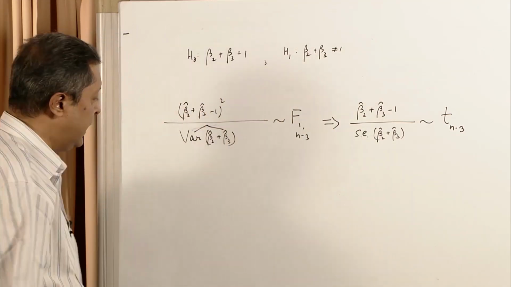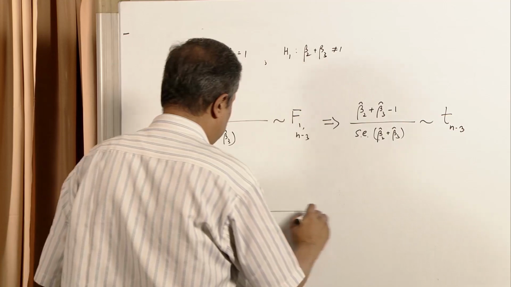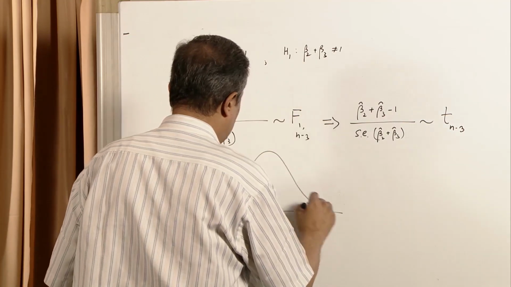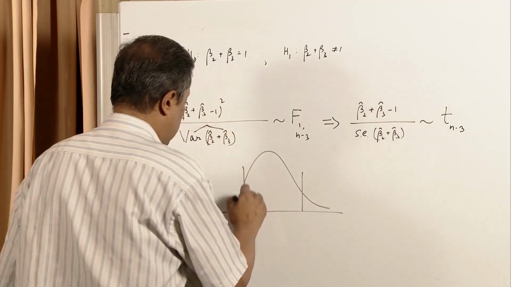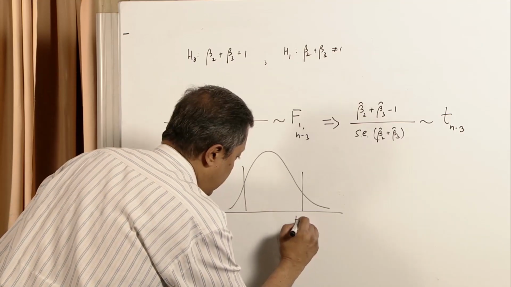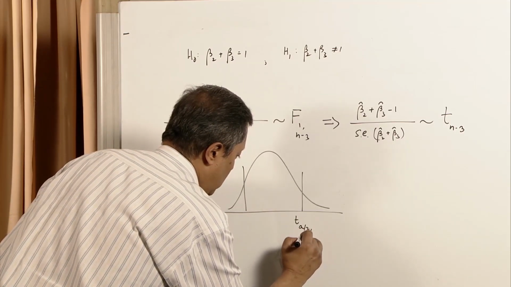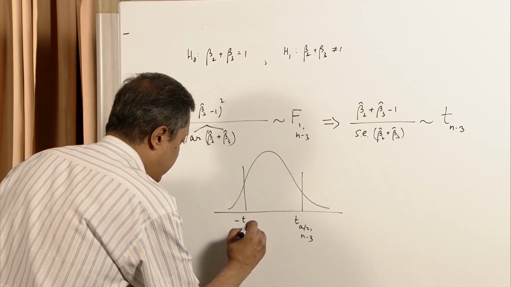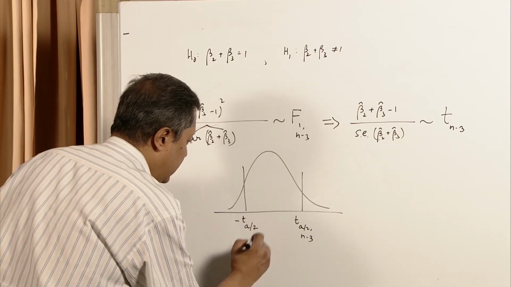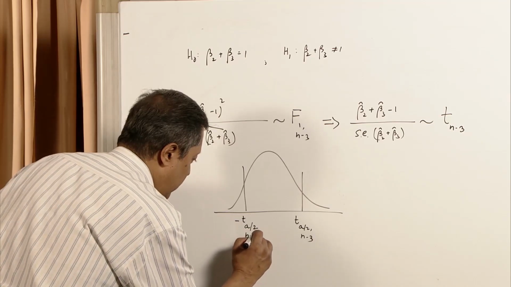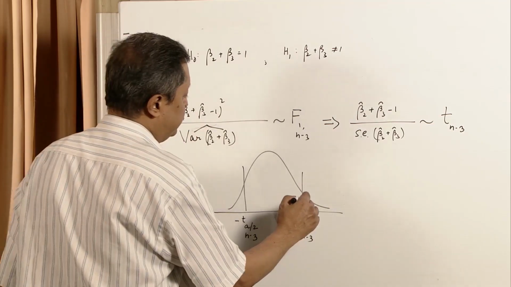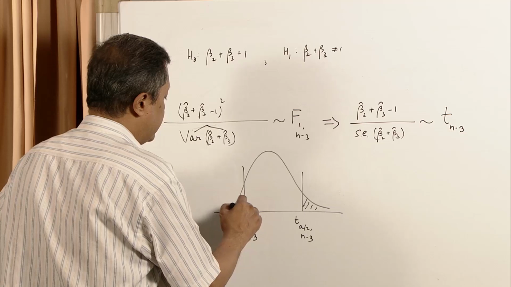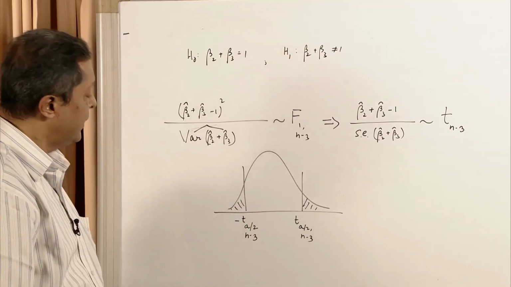Obviously, this is a two-tailed test. So, we have the t distribution with two goalposts. Here we have t alpha by 2, n minus 3 degrees of freedom, and due to the symmetry of the t distribution, here we have minus t alpha by 2, n minus 3 degrees of freedom. These shaded areas are jointly called the critical region.